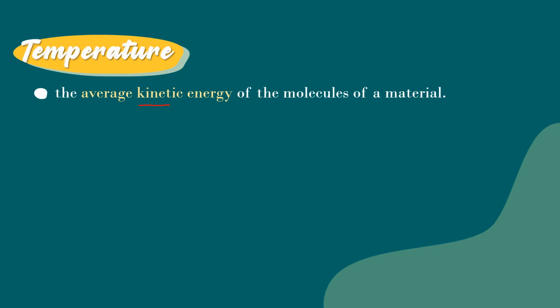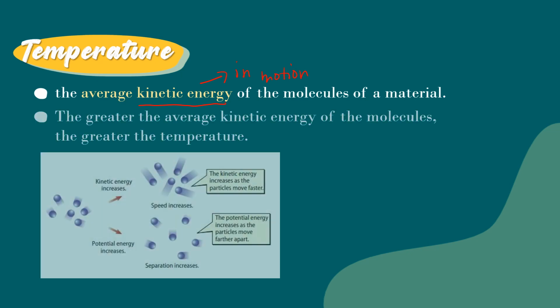If you will recall the term kinetic energy from our previous discussions, kinetic energy refers to the energy possessed by objects in motion. We all know that particles in a material could either vibrate or move freely. In this case, the motion of those particles tells us the temperature of the object.